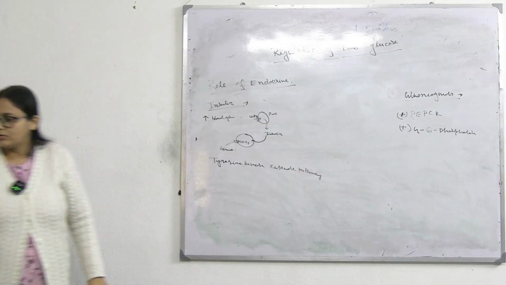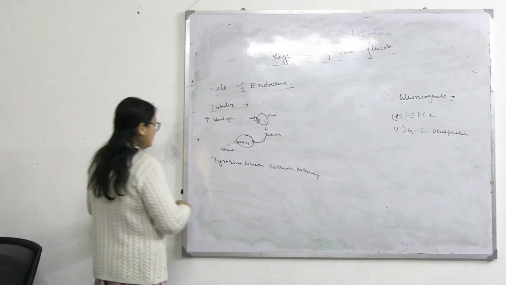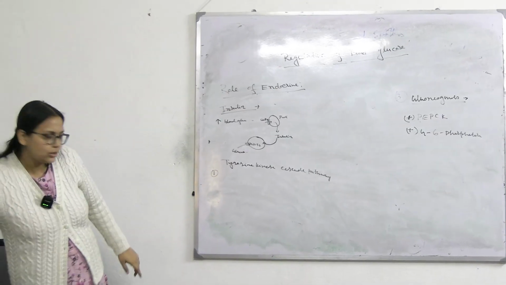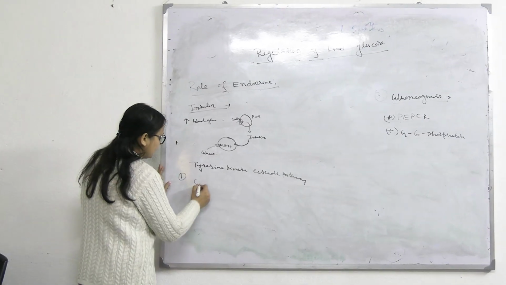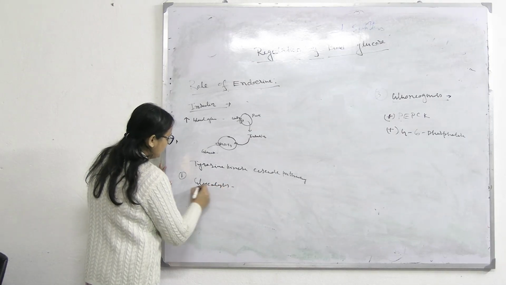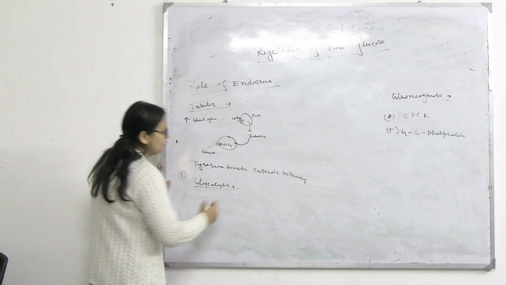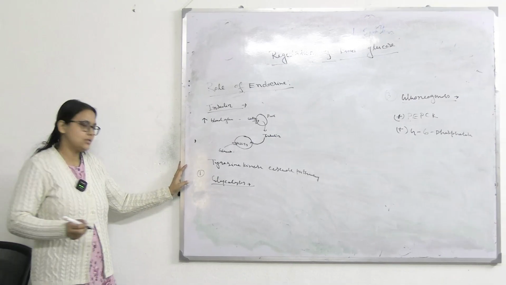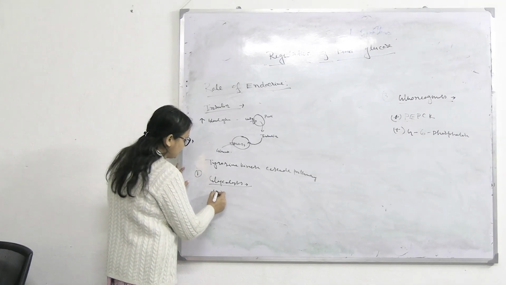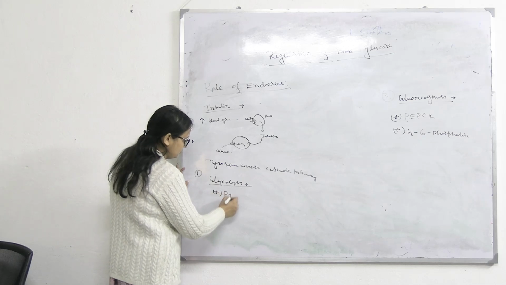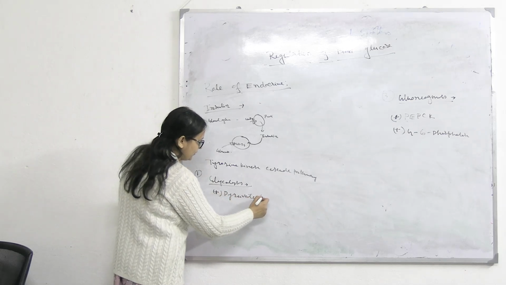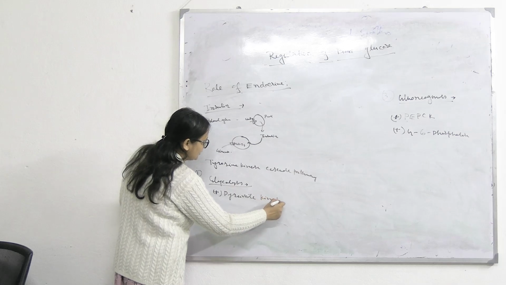Now we will see what is the metabolic effect. Number 1, glycolysis. It activates glycolysis, so it will activate the enzymes of glycolysis. So what are the enzymes? Tell me the enzyme names. I told you a little earlier, pyruvate kinase.